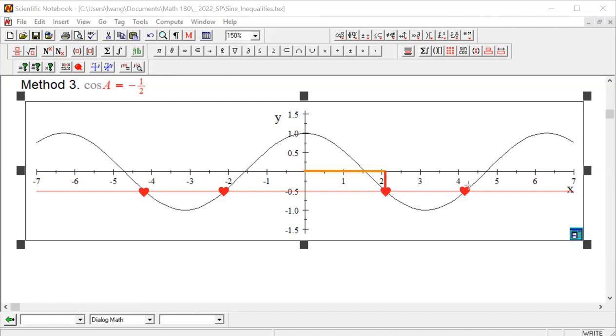So from output, we find inputs. And this one, so let me mark it. Okay, so this orange is 2π/3. And this red, that's -½.